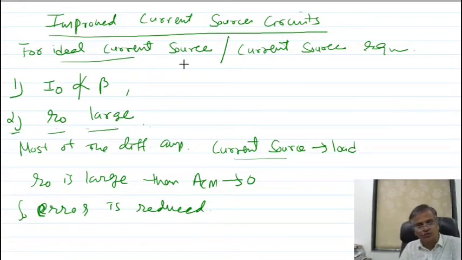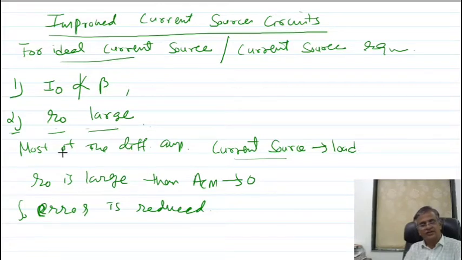An ideal current source should satisfy these two requirements. First, the constant current IO should not depend upon beta, and the resistance of the current source should be large. The reason is that if RO is large, then ACM will be very small.